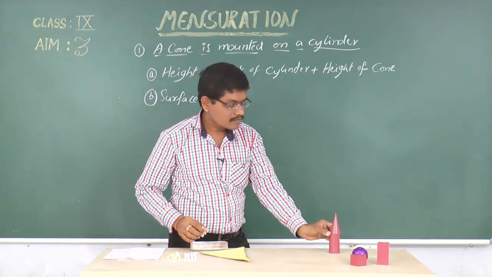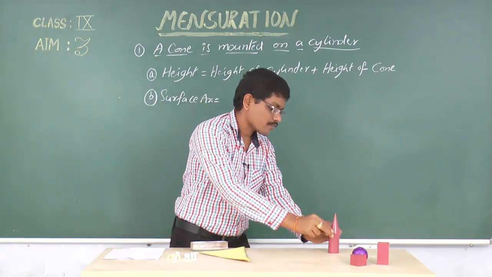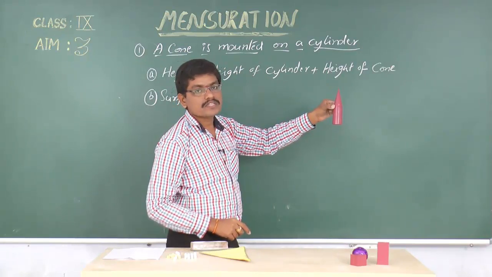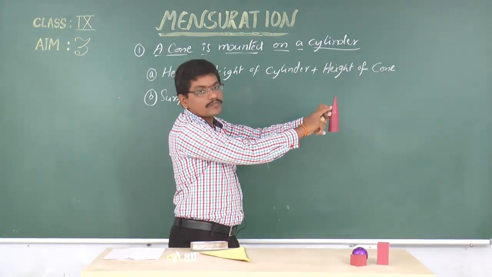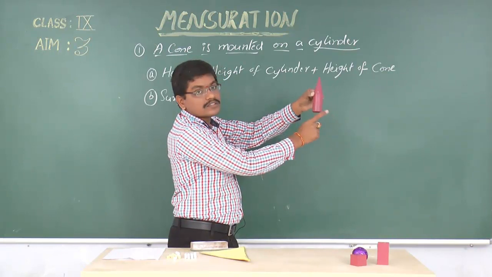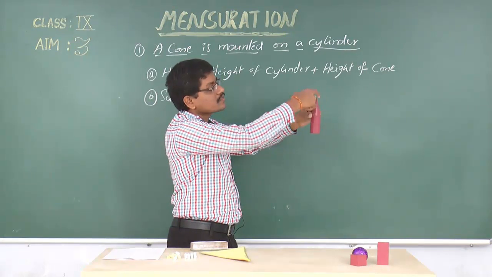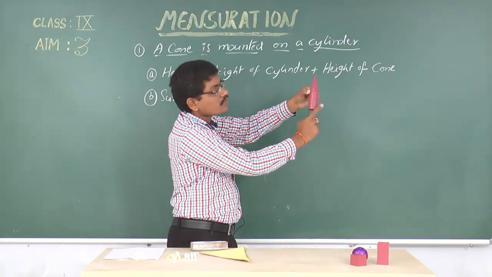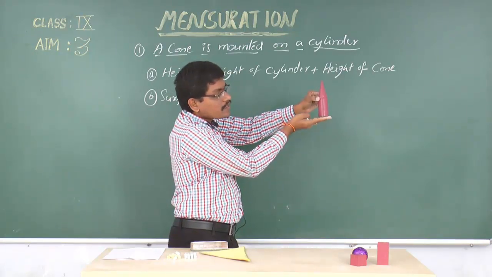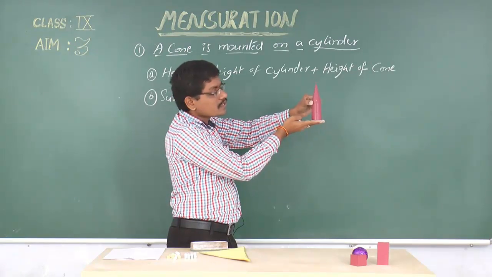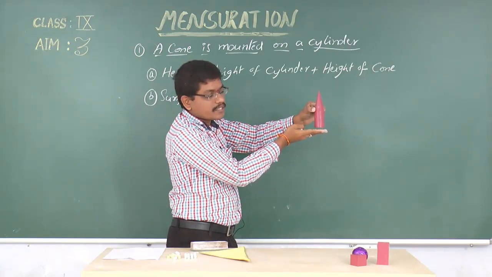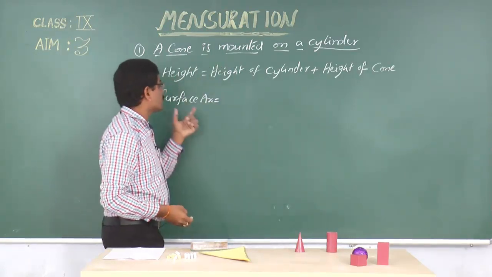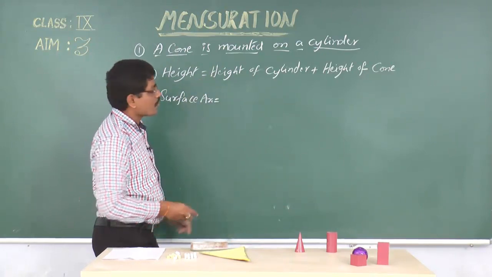To find the surface area of this solid, we have to add surface areas of cone and cylinder, that means CSA, curved surface area of cone, curved surface area of cylinder, and base, that means area of the base of cylinder. If we add those three, we will get surface area of the newly formed solid.